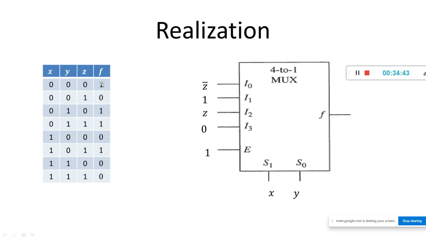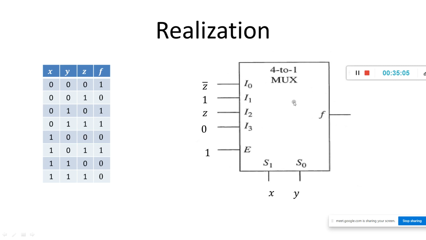So a 3 variable function is implemented using a 4:1 mux and also using K-map. One thing is very important, students: a 3 variable function can also be implemented by multiplexer only. That is one method.